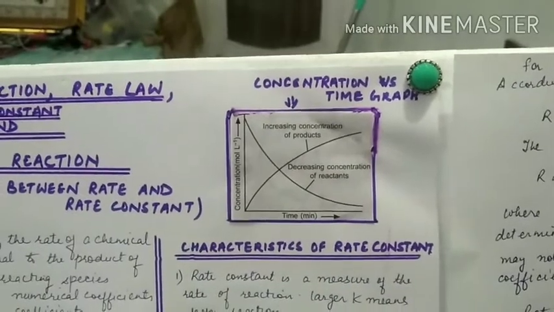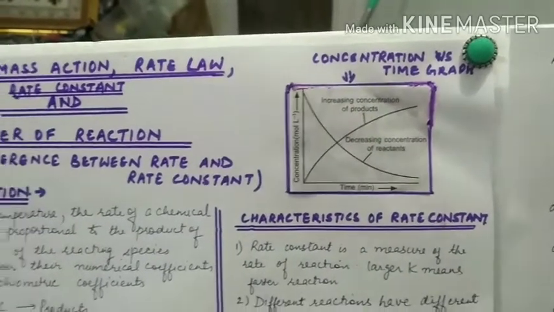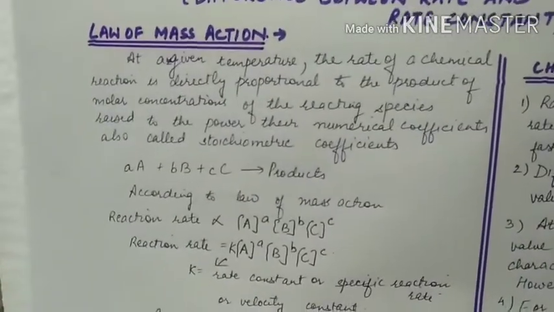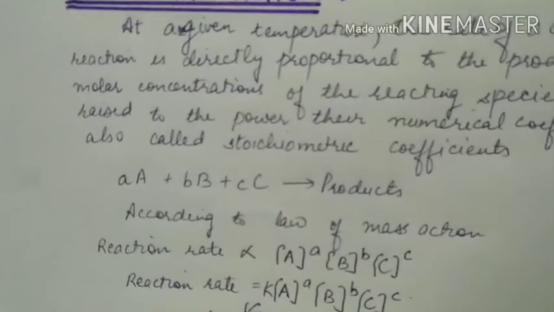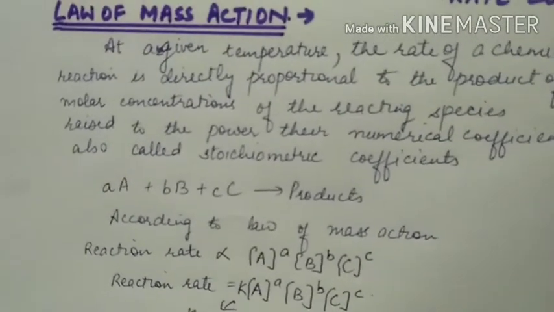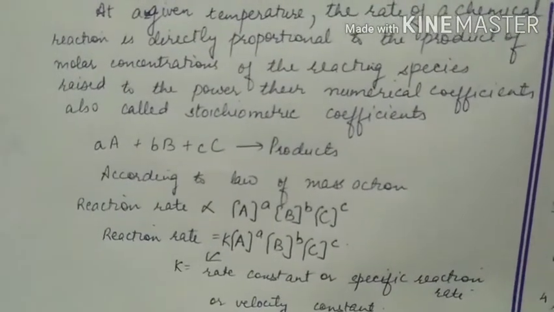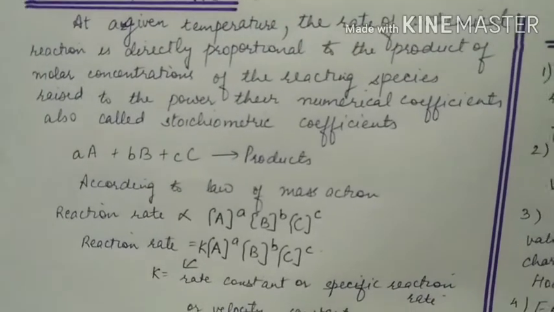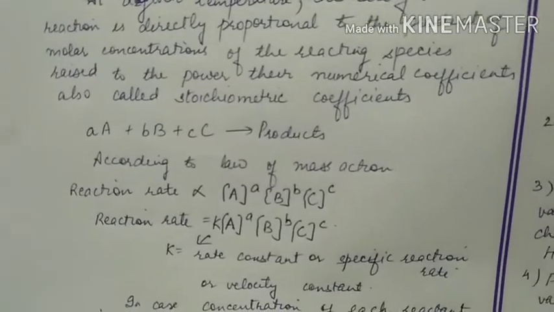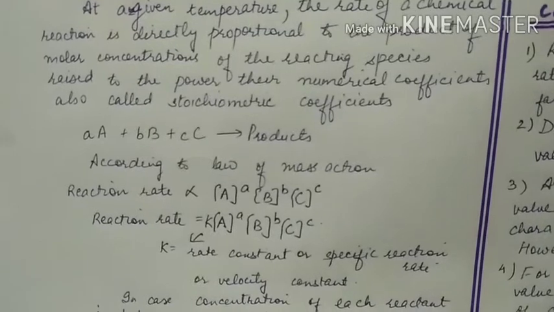So this shows that concentration and rate have a proportionality relation, and according to law of mass action, if the reaction is a moles of A plus b moles of B plus c moles of C gives products, then according to law of mass action, reaction rate is proportional to concentration of A raised to power a, concentration of B raised to power b, and concentration of C raised to power c.